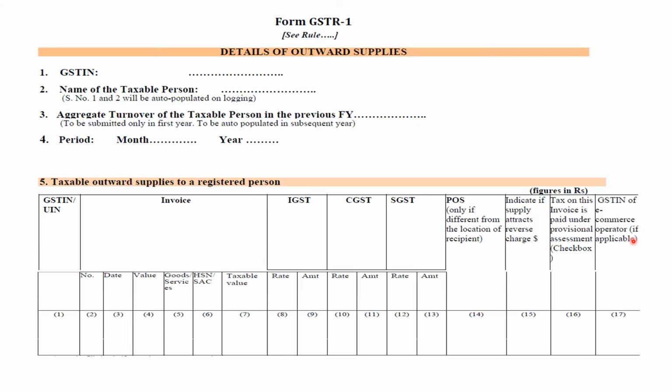So all in all, this table is for taxable outward supply to a registered person, and it requires that the invoice is issued to a GSTN of the recipient which is similar to the GSTN of the supplier. When I say similar, I mean the first two digits.